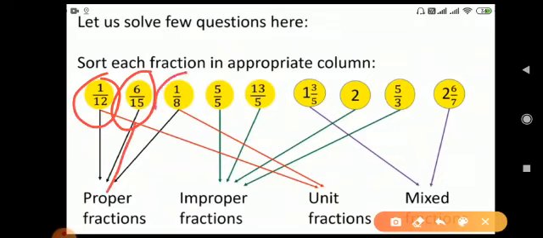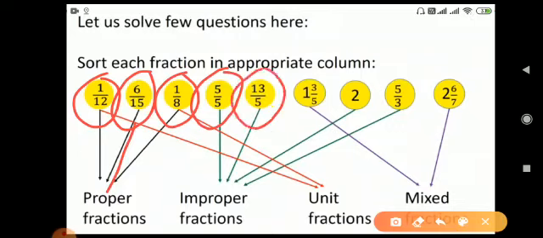Next, 1 upon 8. Again you can see 1 in the numerator, means it is a unit fraction. Next, 5 upon 5. Here you can see the number in the numerator and denominator is the same, means it is called an improper fraction.